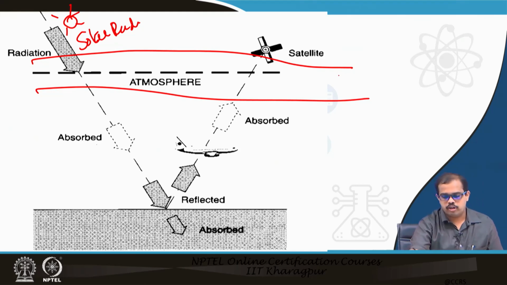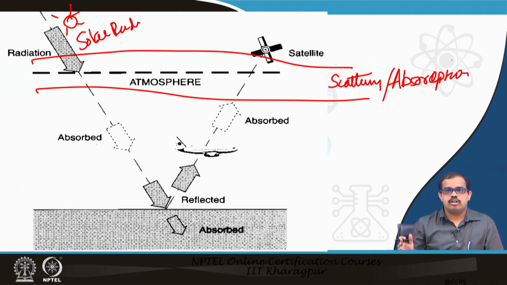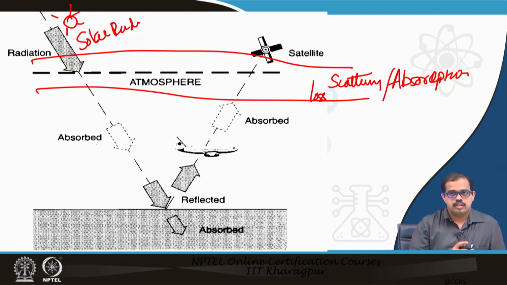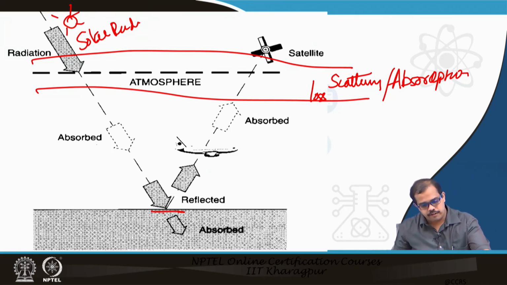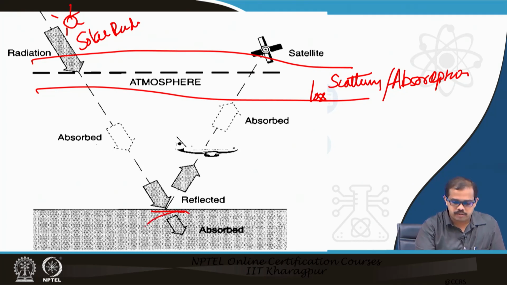There you have phenomena called scattering and absorption. Due to either scattering or absorption, or both, there will be a certain loss of energy. With this loss, a certain amount of energy reaches the earth surface; let us say there is a certain amount x of loss. Some energy is reflected and some is absorbed by the earth surface or object.